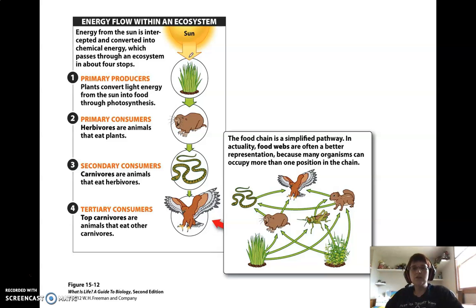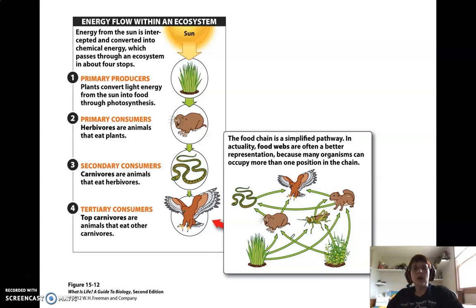So here's our food chain: grass to the rodent, to the snake, to the hawk. But you can see that now that we have it in a food web, it's not as simple as that, because you can also go grass to rodent straight to the hawk.